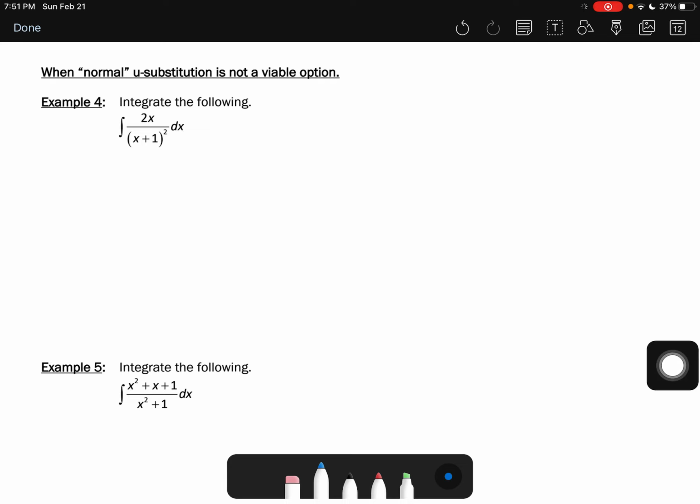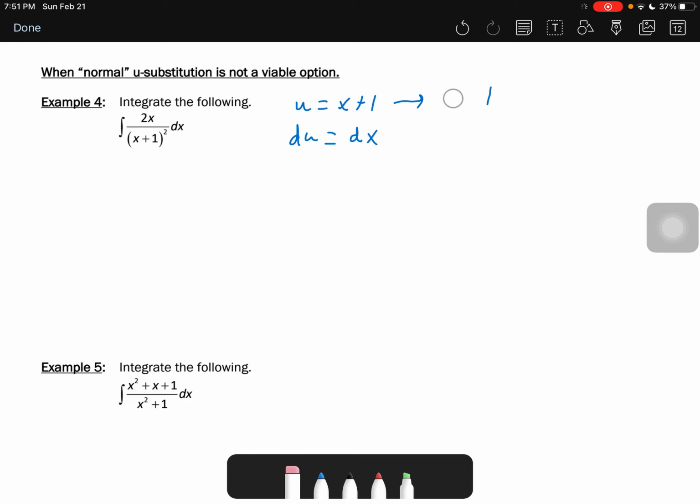Okay, so in this one, if we let u equal just the x plus 1 again, then du is going to equal just dx. But if that's the case, we have a 2 here, so we could just pull that 2 out, but we need an x. So if we do that change of variable method, solving this for x, u minus 1 is what x would equal.